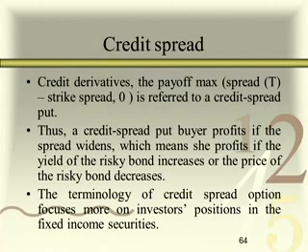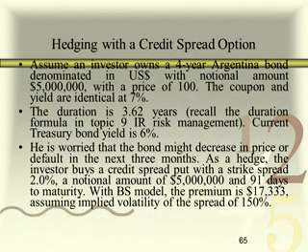The terminology of credit spread options focuses more on investors' position in the fixed income securities. So assume they own a 4-year Argentina bond denominated in U.S. dollars with a notional amount of $5 million, with a price of 100. The coupon and the yield are identical at 7%.